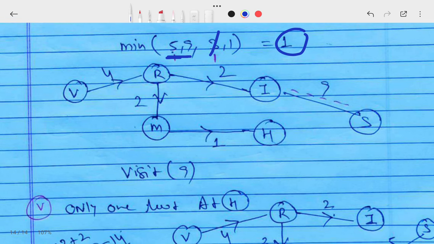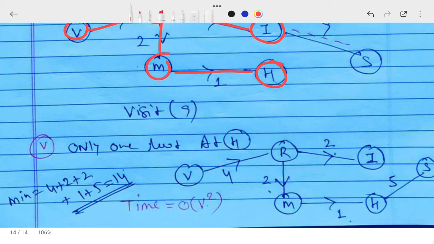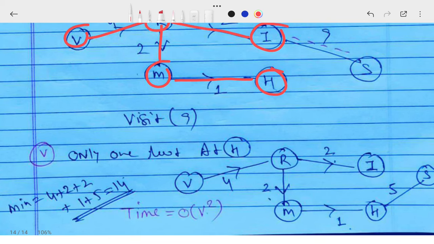At first I started from here to here, then I went here, then I came here, then I came here. Now I am at H. At H there is only one direction, this direction.